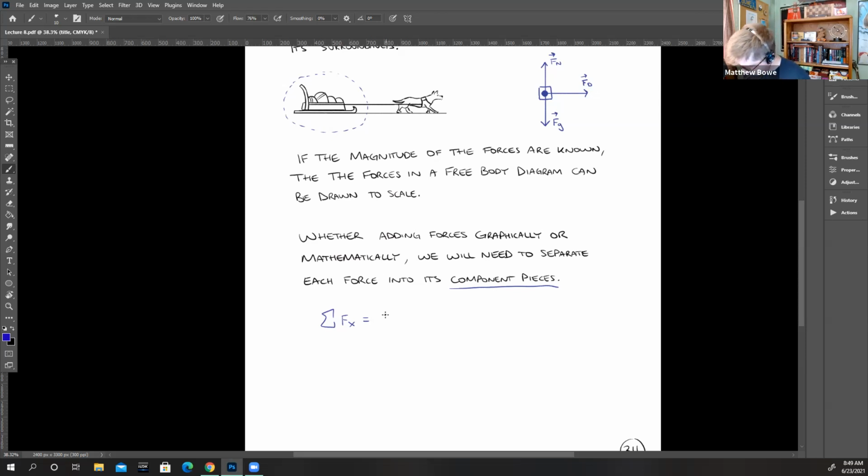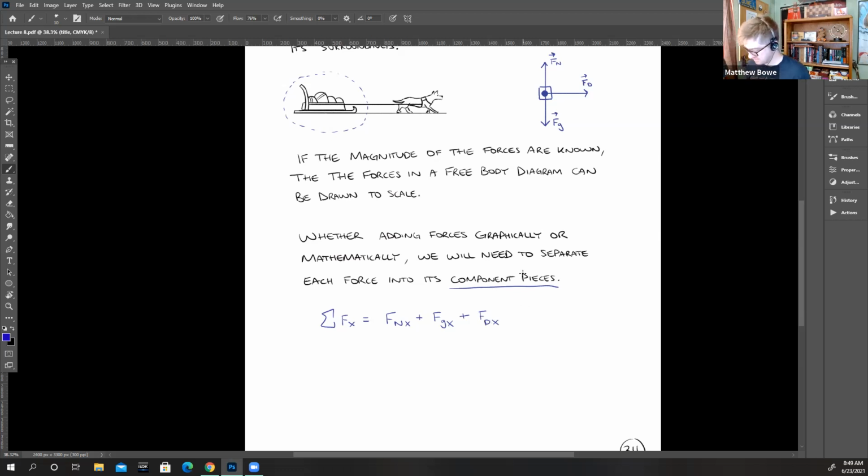So the normal force x component, plus the force of gravity's x component, plus the force of the dog pulling the sled, F sub D x.